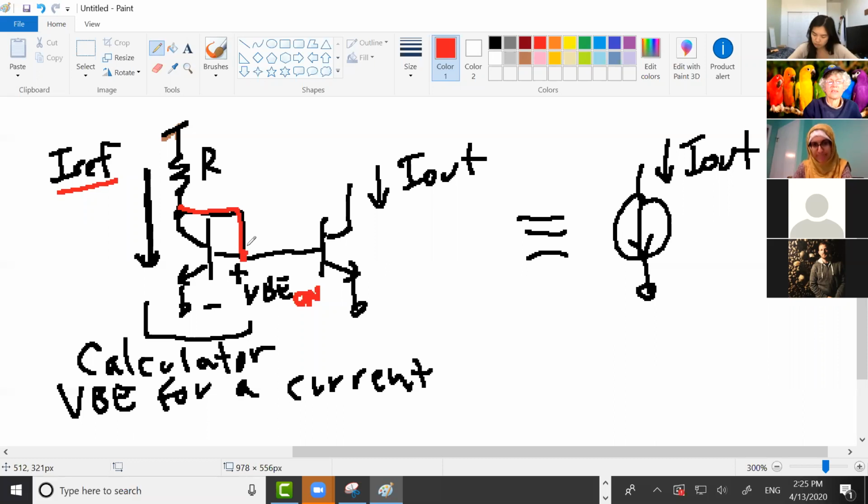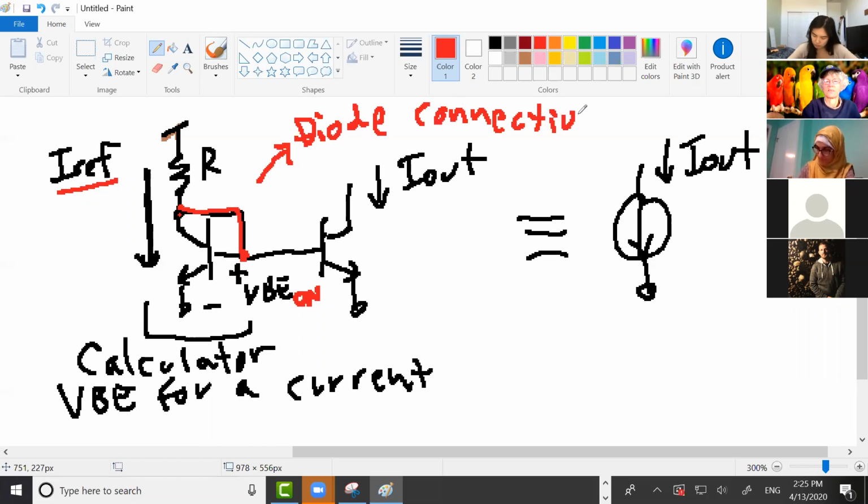This is important. This connection from the base to the collector is called a diode connection. And that's a diode connected transistor. That sets the collector to the same voltage as the base.